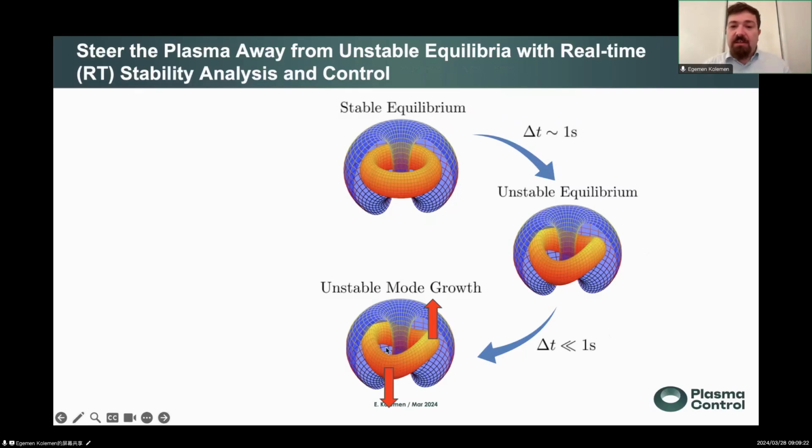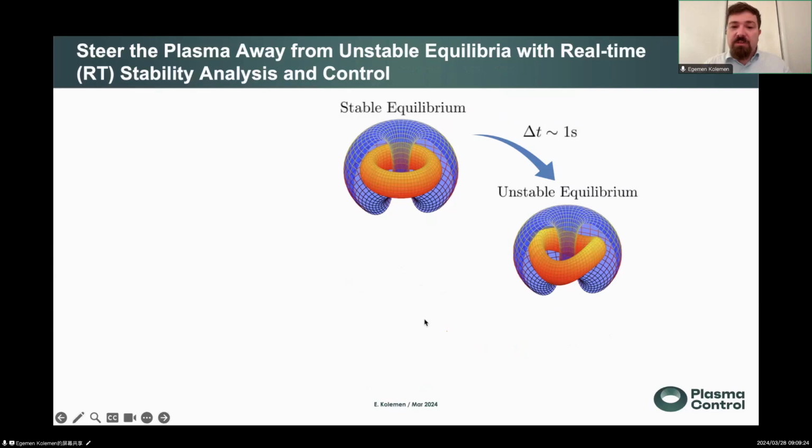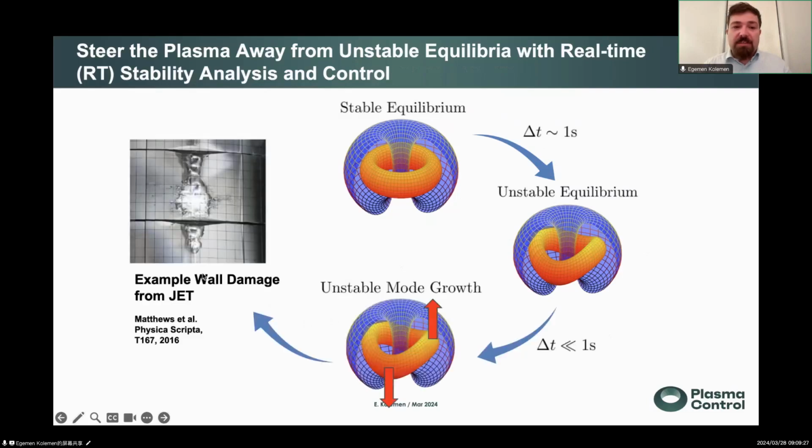So at this stage, you can't control it, and basically the plasma hits the wall. This is an example of damage at JET, where you melt it or do something to it. So what you need to do is avoid getting unstable, because once it's unstable, it's hard to do anything about it. It's too fast. So we have to stop this for ITER and future reactors.